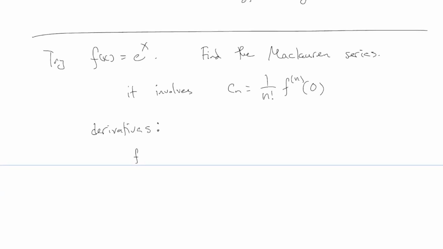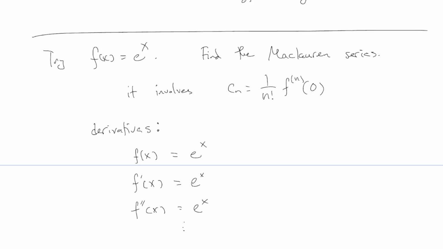Of course, I start with f of x equals e to the x. I'm just going to try to write down the first derivative and the second derivative and the third derivative. What is the derivative of e to the x? It is e to the x. Yeah, everybody knows that. What is the second derivative? That means you just go here and take the derivative again, but you're going to get e to the x again.